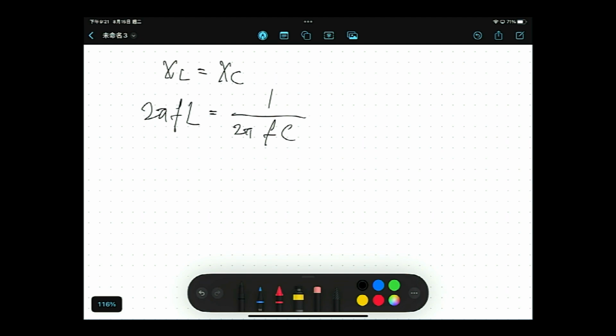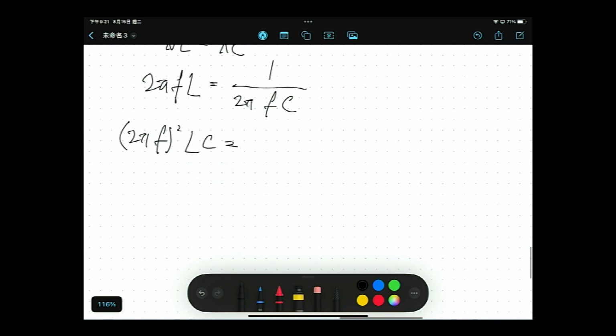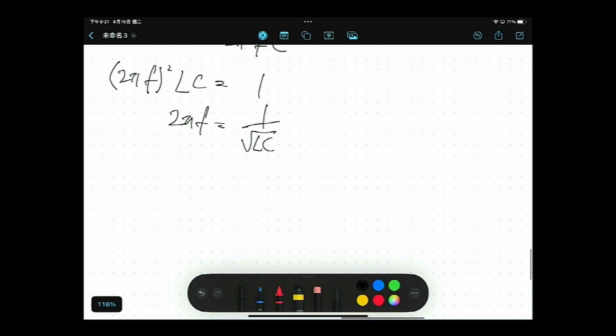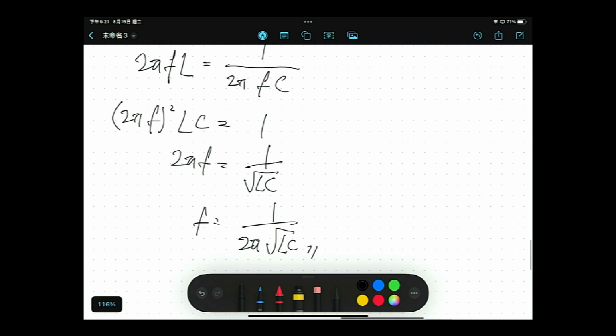You can just multiply on both sides: 2 pi f squared LC equals 1. So 2 pi f equals 1 over square root LC. f equals 1 over 2 pi root LC. As simple as that. So you can deduce it when you have the exam.